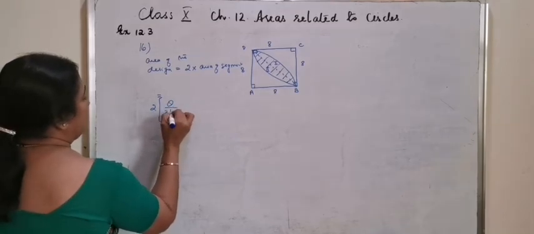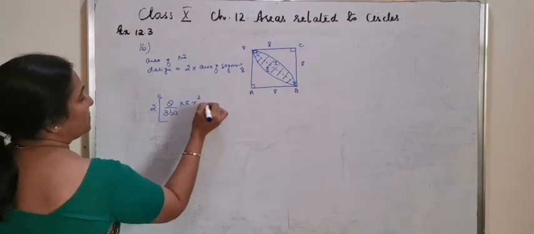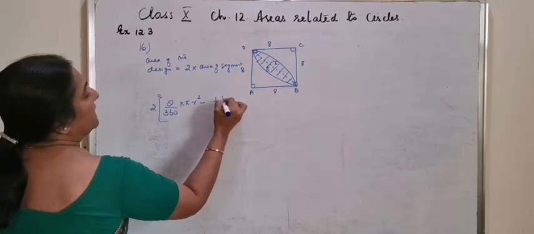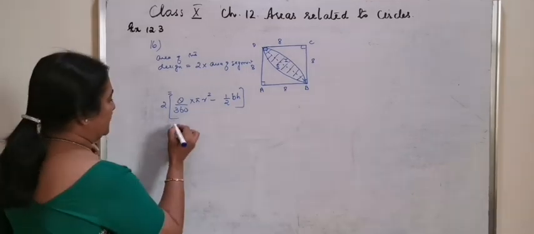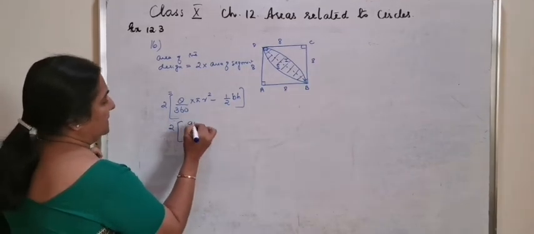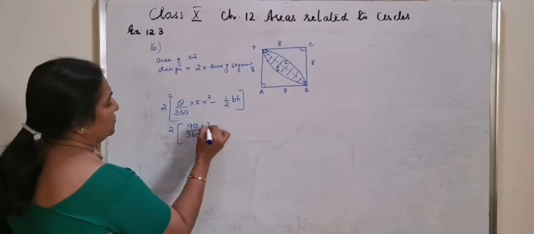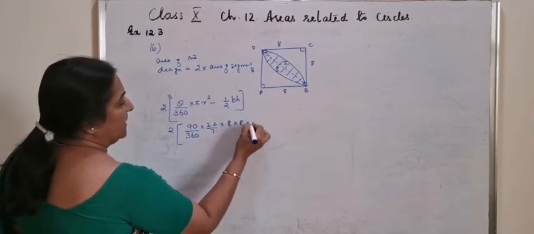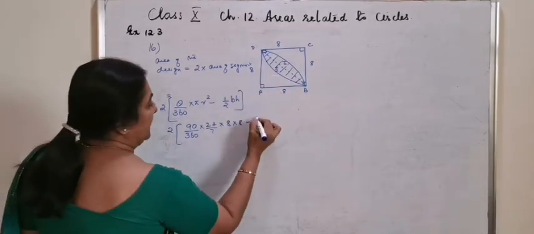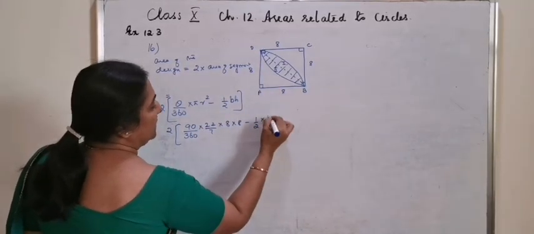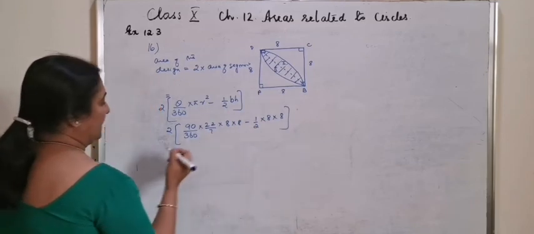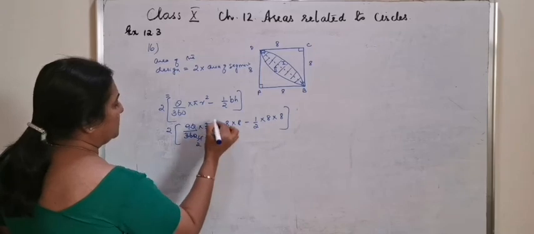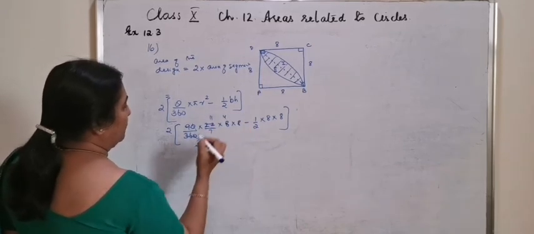Formula is theta by 360 into pi r square minus half into base into altitude, which is equal to 2 into 90 by 360 into 22 by 7 into radius of the quadrant is 8 into 8, minus, it's a right triangle, half into base is also 8, altitude is also 8. Let's simplify. 9 4s are 2, 11 by 4.